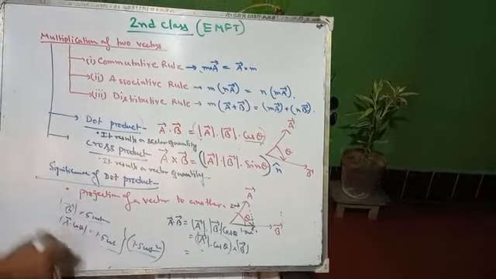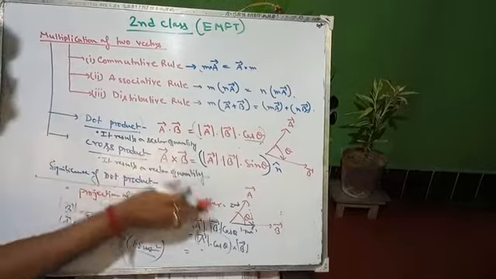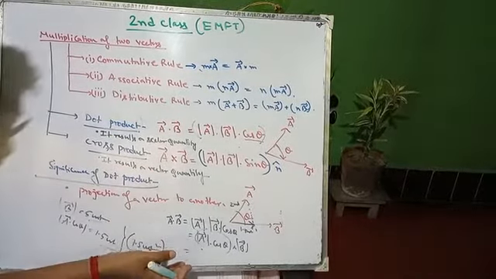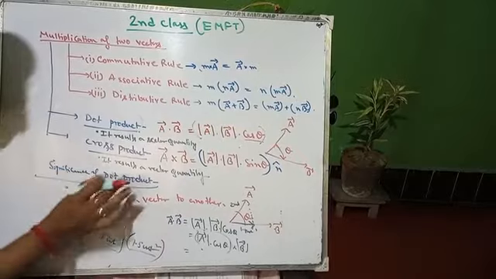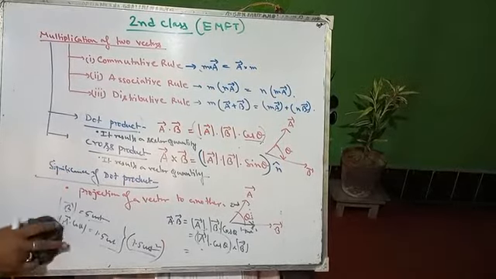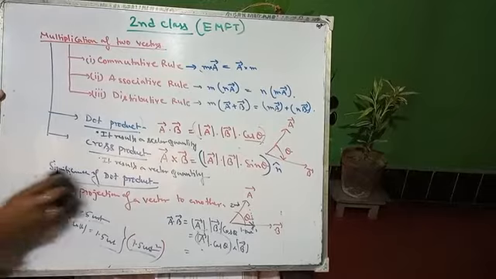So the significance of dot product is the projection of a vector on another, which is represented by the dot product. Now the significance of cross product.